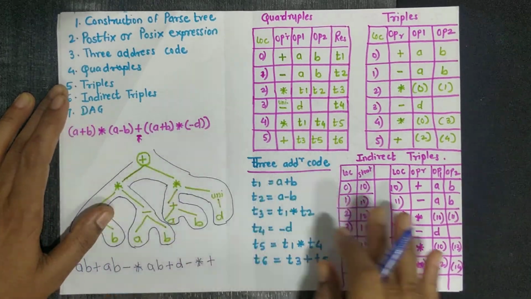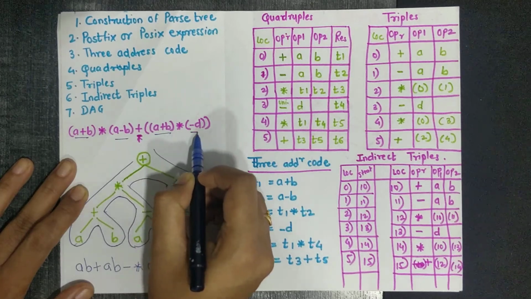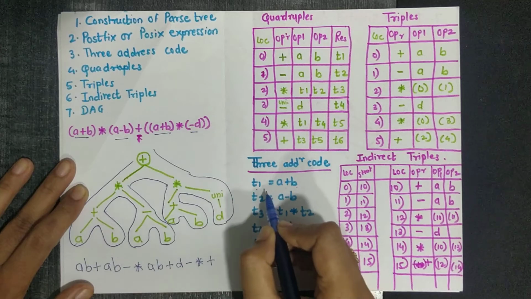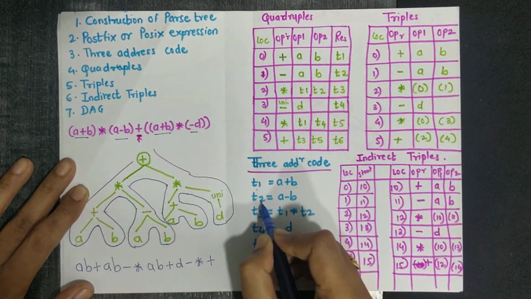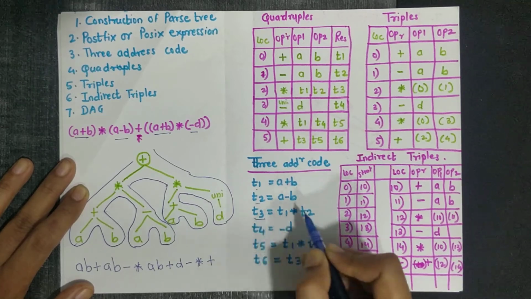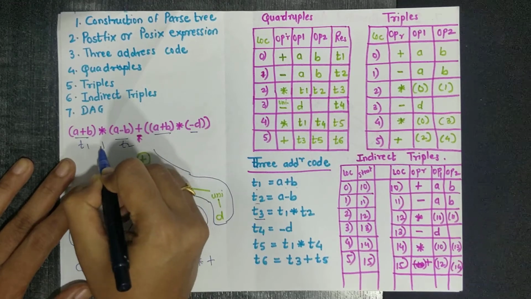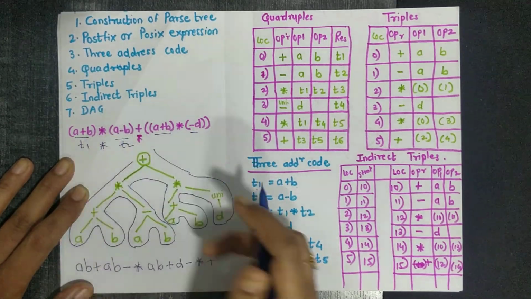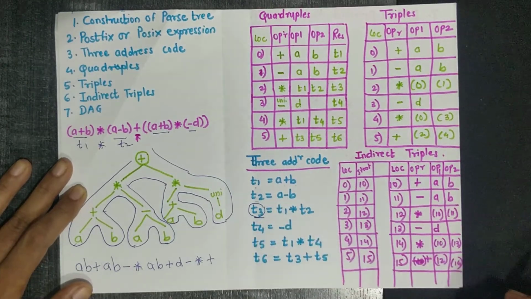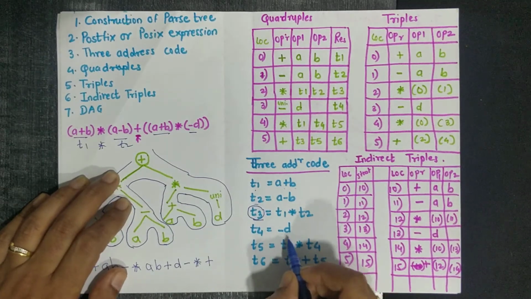That is nothing but assigning variables to each and every small expression. Like a plus b is assigned to variable t1, a minus b is assigned to t2, t1 into t2 is t3, that is, this is t1, this is t2, and the multiplication of both variables is assigned to the t3 variable.